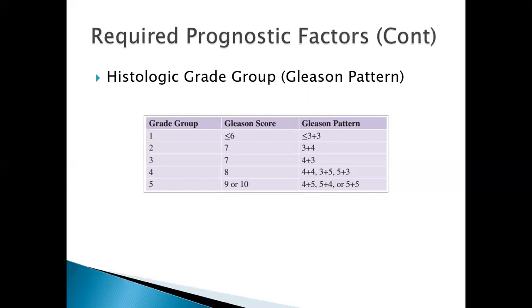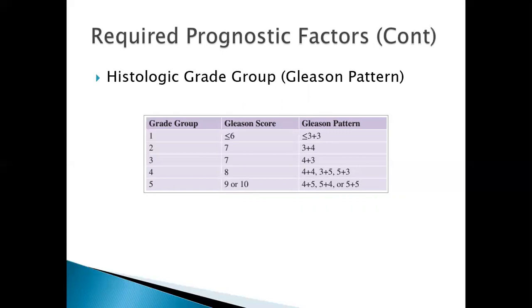If the man's PSA increases after treatment, whether it's surgery or radiation, this could mean that the patient has a PSA recurrence. When the PSA continues to rise, I believe it's like 3 consecutive times, they'll probably do imaging.